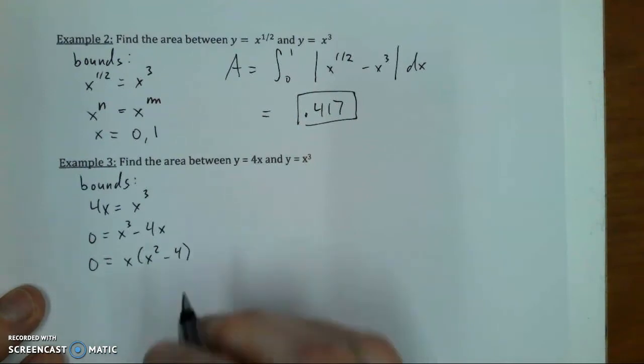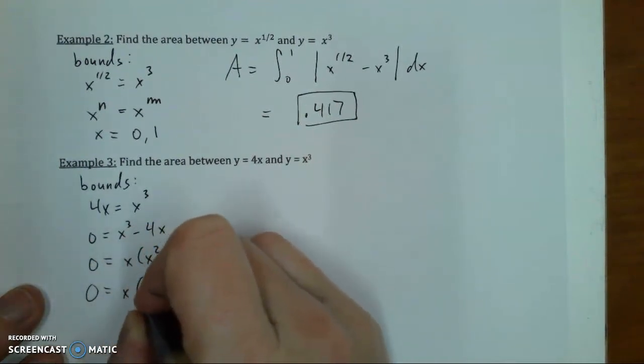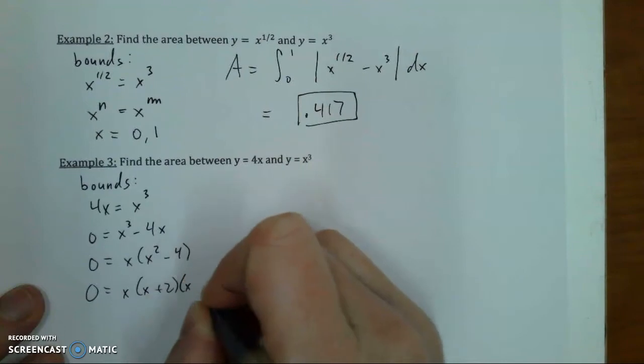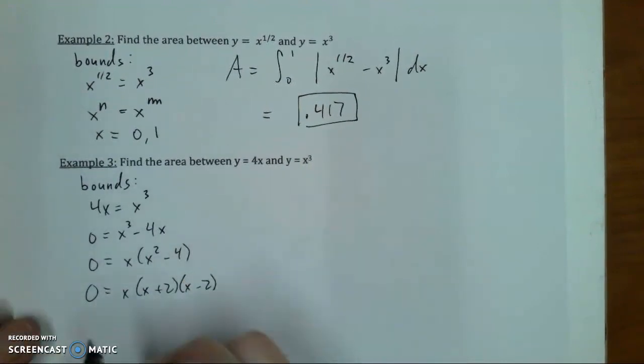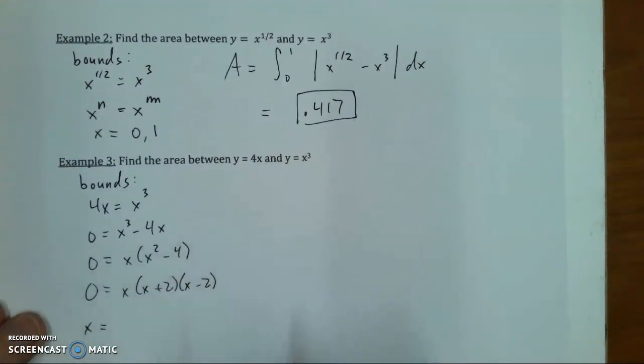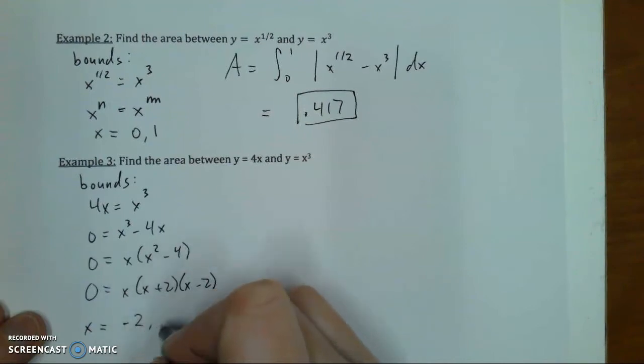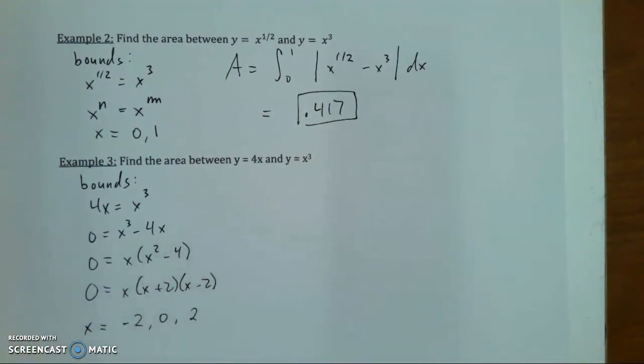And x squared minus 4, that does factor as well. That's x plus 2 and x minus 2. So here I've actually got three solutions. I've got -2, 0, and +2. I wrote those from smallest to largest.